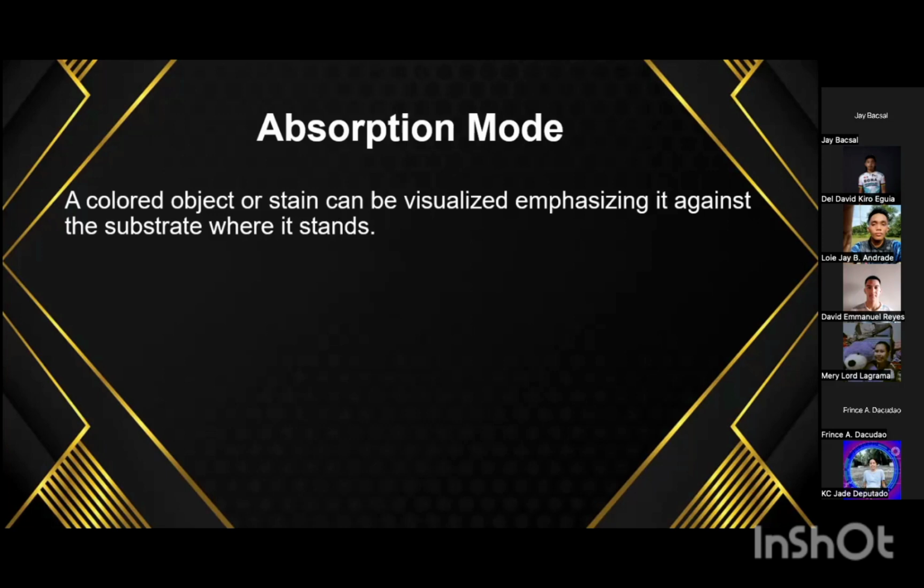Figure 13: imaging in the absorption mode of an orange stain on a blue substrate. Light monochromatized by a filter is shone on the object. Just the substrate reflects light, whereas the stain absorbs it, and thus no light is reflected by it to reach the camera.